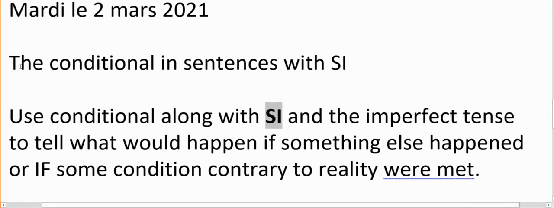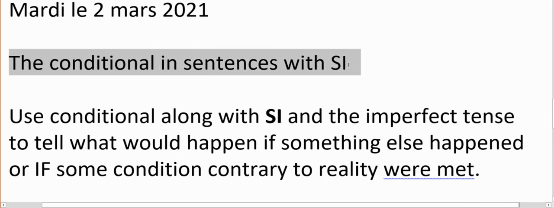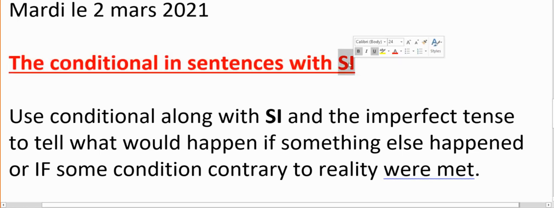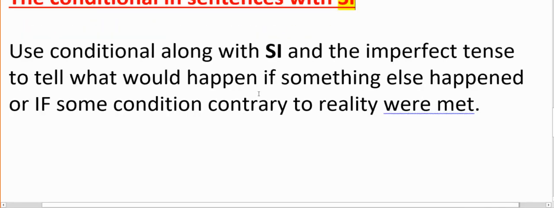All right. So this is my title here. Conditional with si. Let's bold it and red with emphasis on the si. Emphasis goes on the si. Now, what is the formula here? The formula is straightforward and is just si plus imperfect, then conditional.